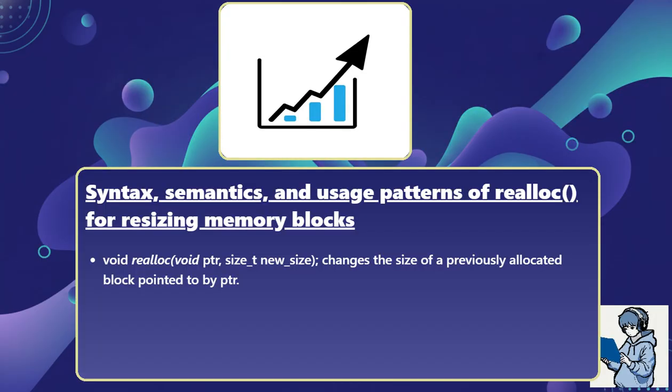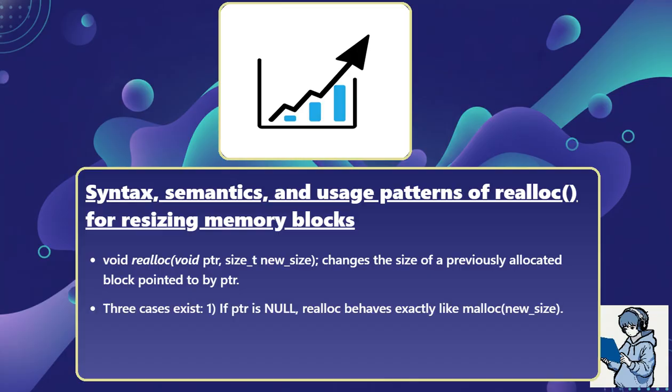Void star realloc open parenthesis void star ptr comma size_t new_size close parenthesis semicolon changes the size of a previously allocated block pointed to by ptr. Three cases exist. 1. If ptr is null, realloc behaves exactly like malloc of new_size. 2.